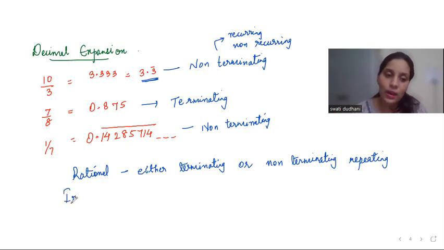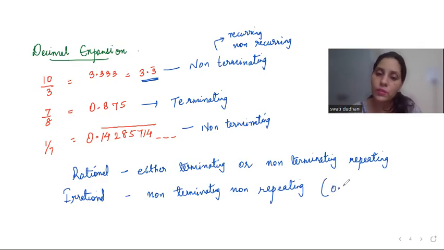On the other hand, what are irrational numbers? Irrational numbers are non-terminating, non-repeating. For example, 0.10100100010 and so on.